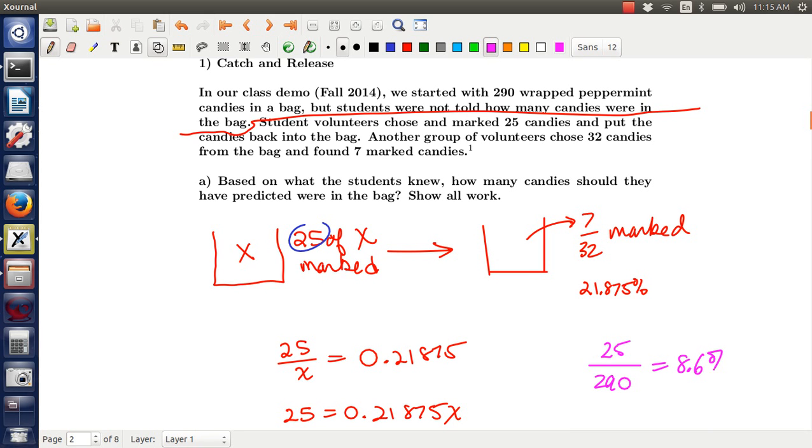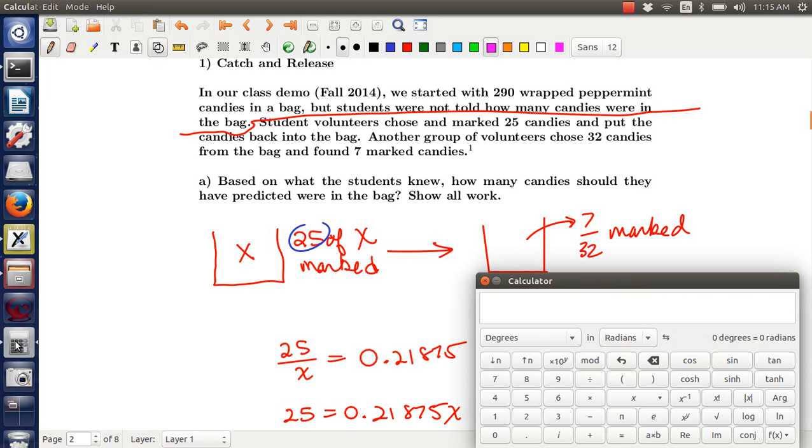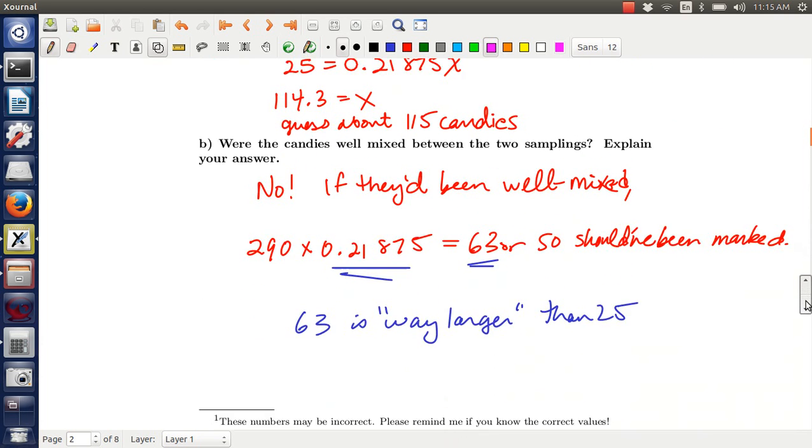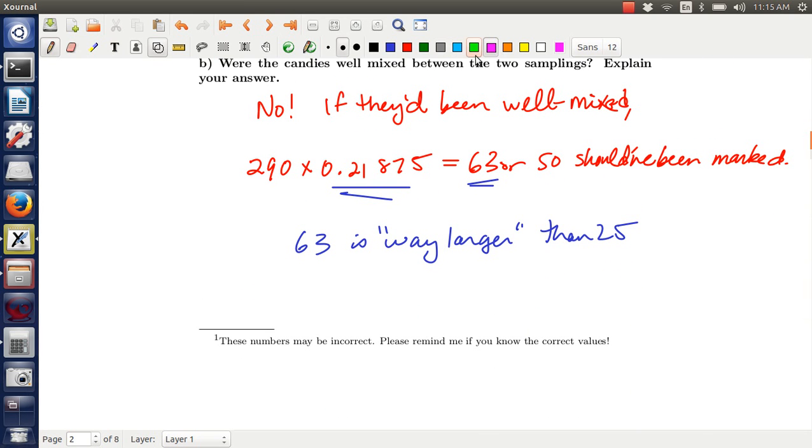And then you could have said, well, what is 8.6% of the 32 we collected? So 32 times 0.086 would have been about 3 candies. 0.086 times 32 is 2.7 should have been marked.